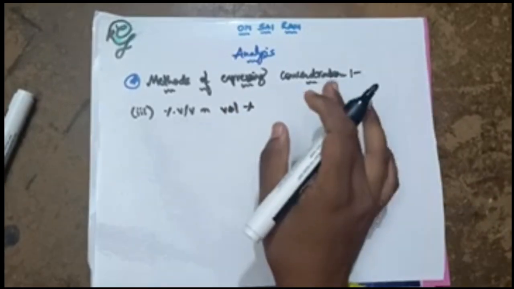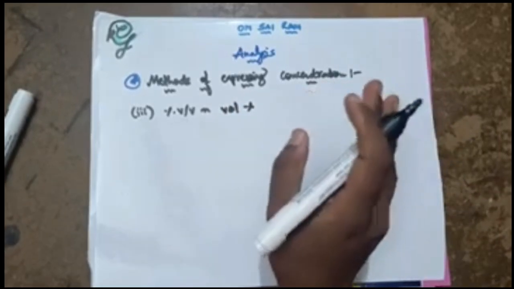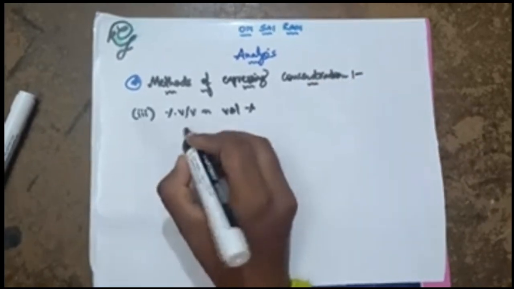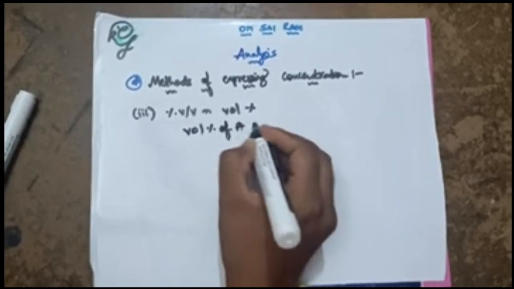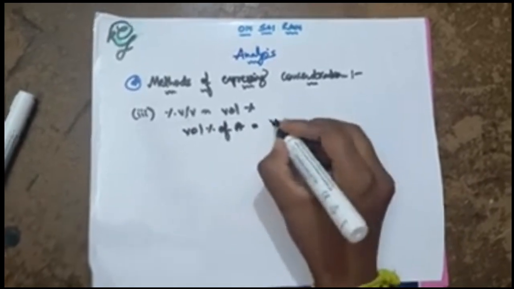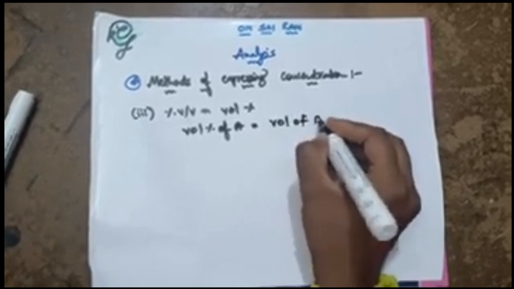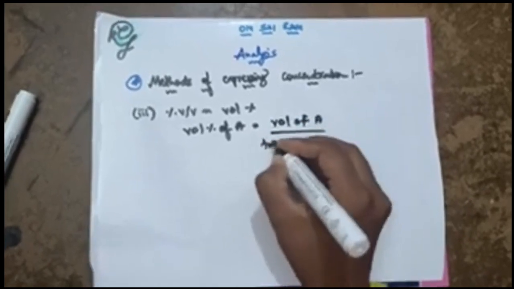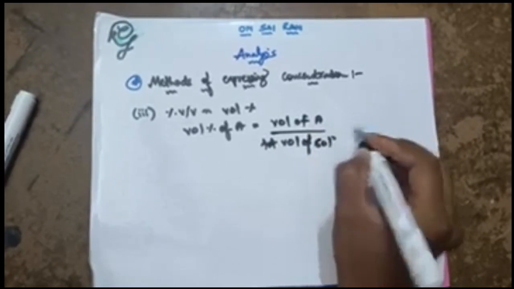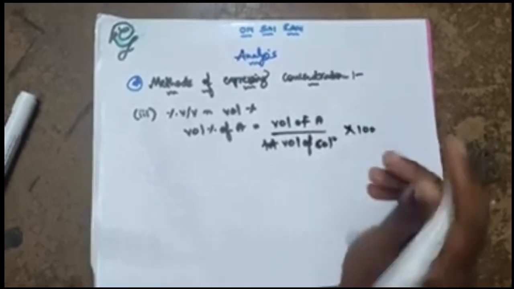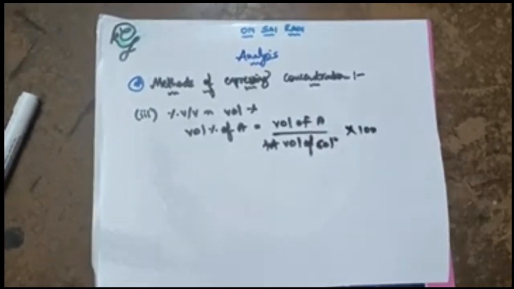Same thing, solute A in solvent B gives us A plus B solution. To calculate the volume percentage of solute A, it is volume of A by total volume of the solution into 100.